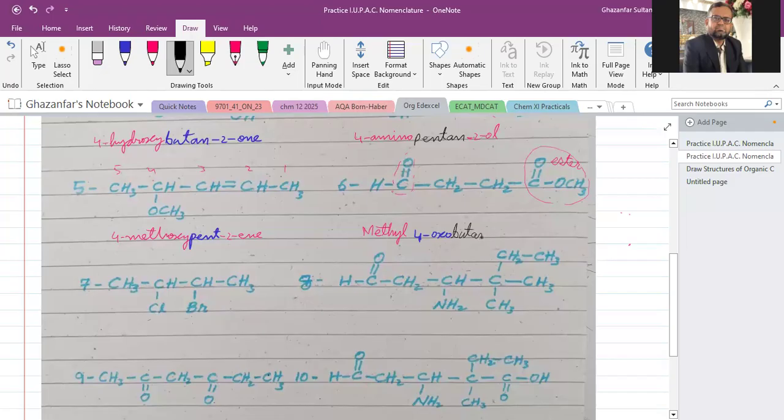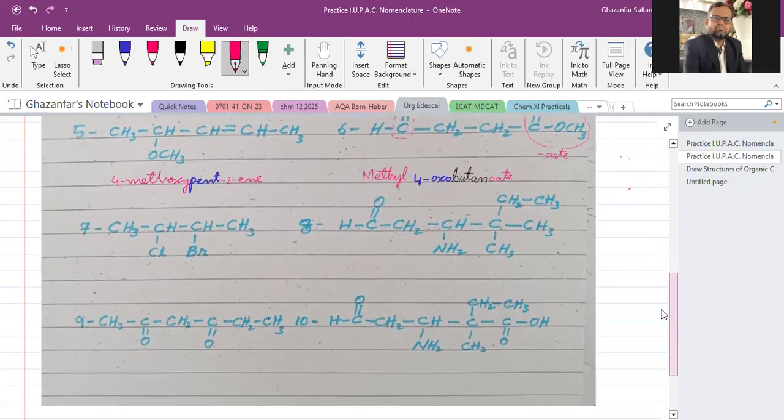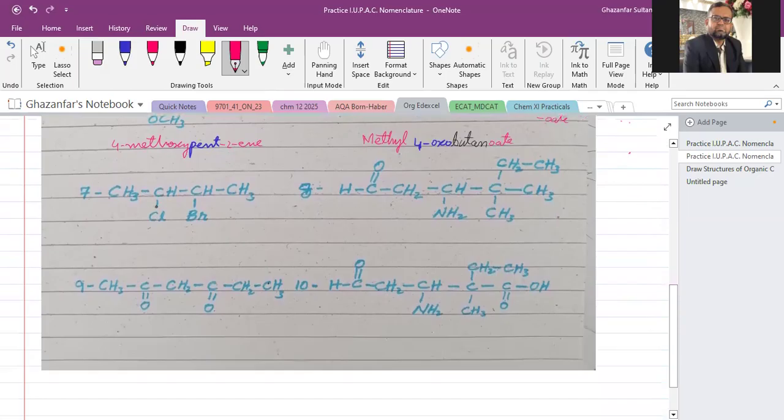So it is butane, and we avoid E because of the suffix oate. Oate is the suffix for ester group. So this is butanoate, and we do not need to mention the position here for oate. Okay, so the correct name is methyl 4-oxobutanoate. And now, no one is the functional group, but these are the subordinate groups which have no suffix.